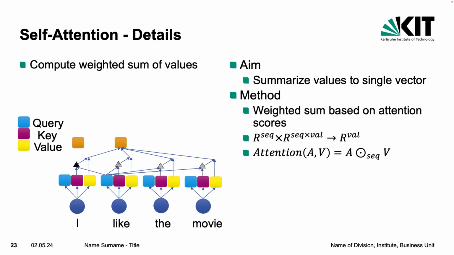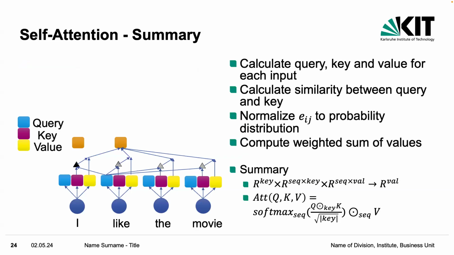And then we get our final output here, the orange one. Since we're using the query from the second state, we will also get the result for the second. And then we can do this for all of them, and we get the same sequence of hidden states. So our input is a sequence of hidden states with length big N, and our output will also be, because each input was once a query, so it generated one new hidden state.